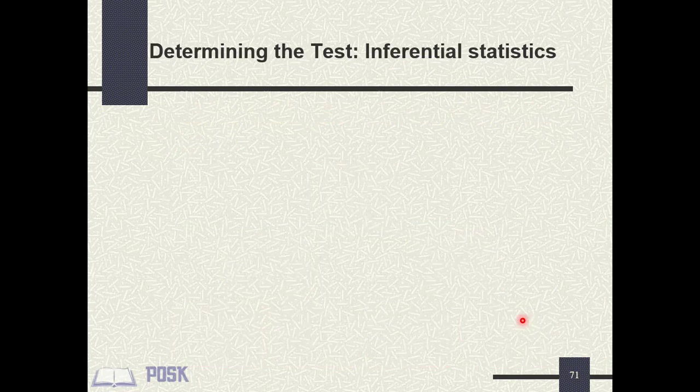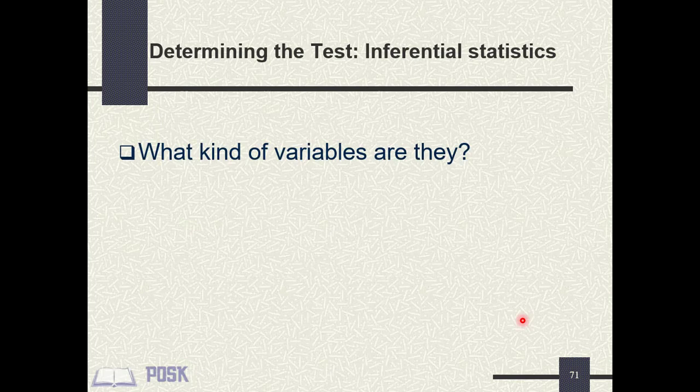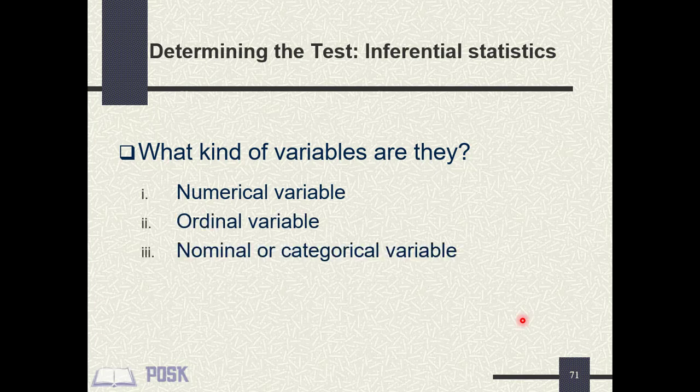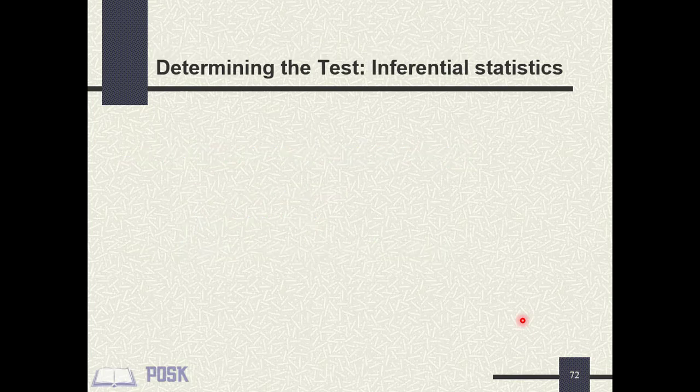Let us consider inferential statistics. How do you select the correct inferential statistics? The first thing you need to look at is the kind of variable you are dealing with. In general, all quantitative variables can be divided into numeric variable, ordinal variable, and nominal or categorical variable.